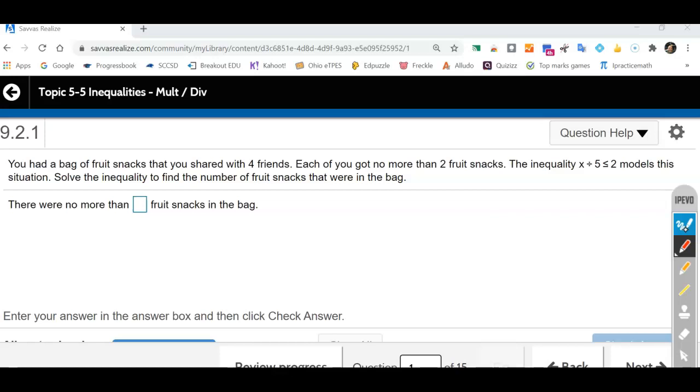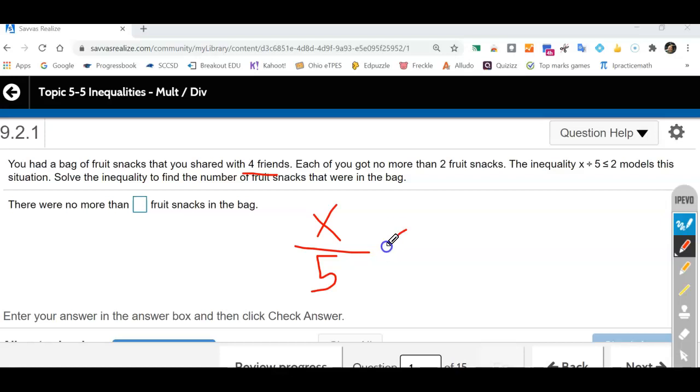So we would say, right, you're taking the fruit snacks, X, and you're dividing them up amongst how many people? 5 people. You're like, what? You just said, yeah. There's 4 friends, but we're dividing them up amongst 5 people because you want some too, right? You and 4 friends. So be careful on wordings like that.